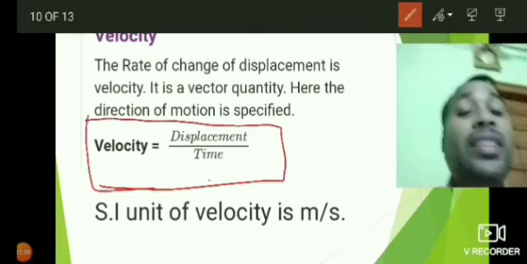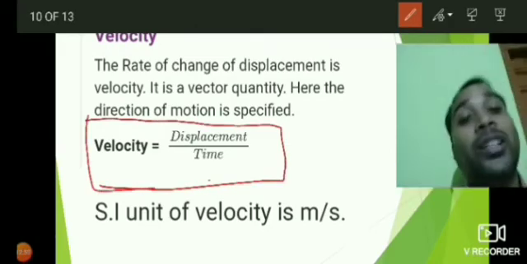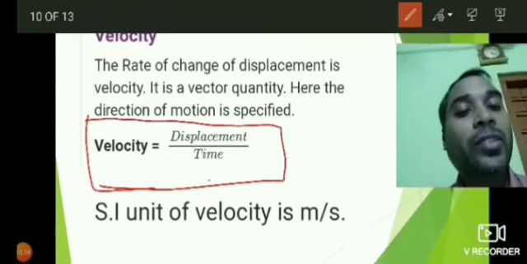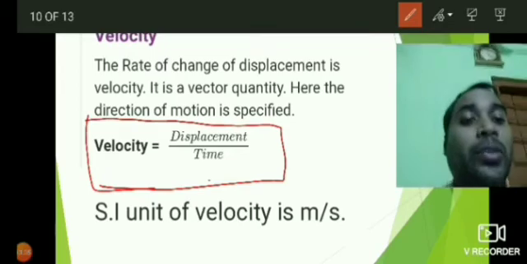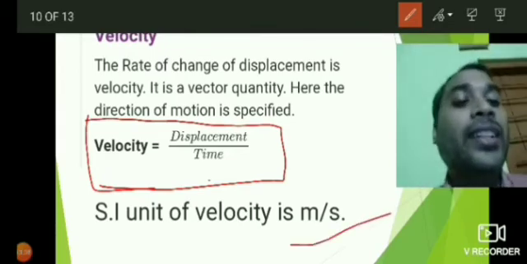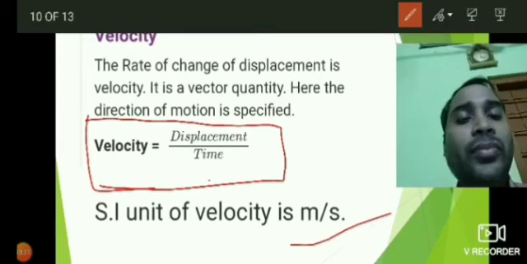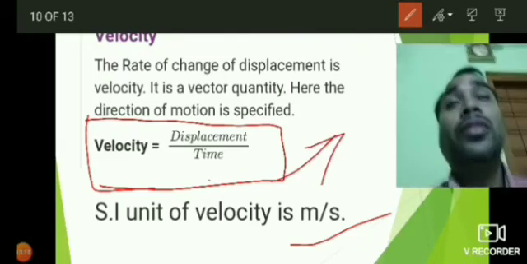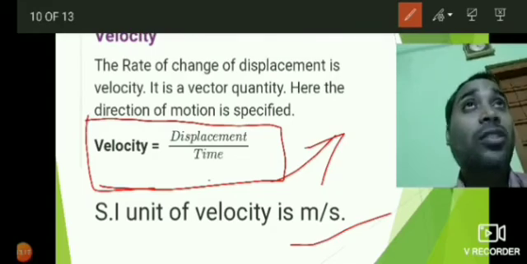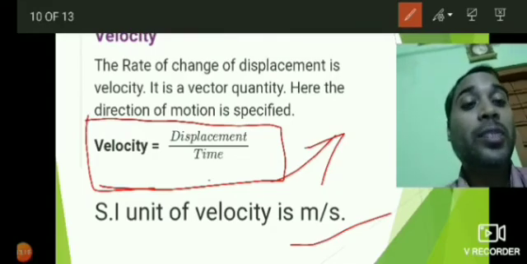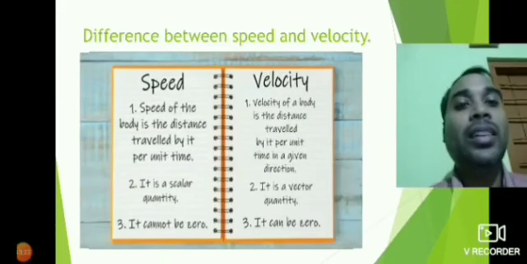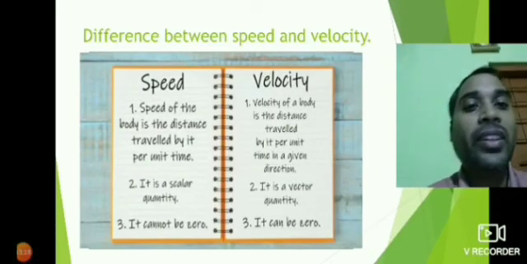So therefore we can say velocity is also a vector quantity, because it depends upon displacement, and displacement is your vector quantity. And the unit is the same as that of speed, that is meter per second. So this is the formula to find velocity. So we can say that velocity can also be 0, because if your displacement is 0, then velocity will also be 0. So this is the difference between speed and velocity.